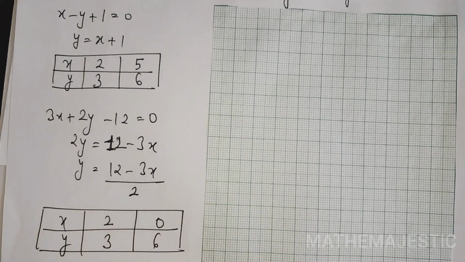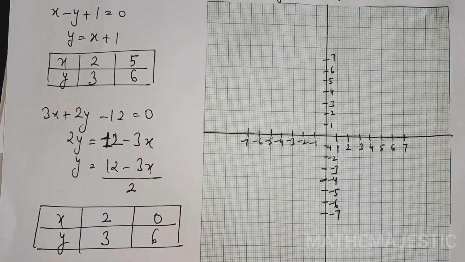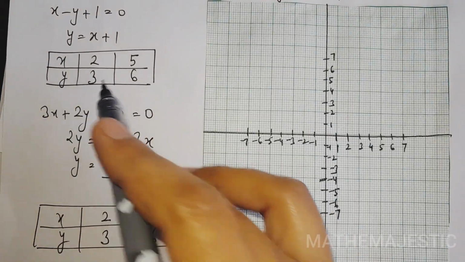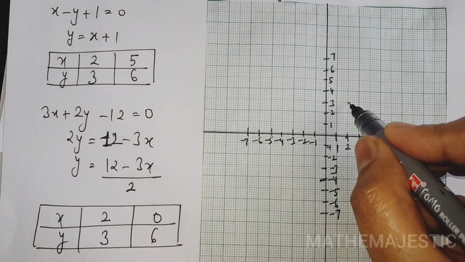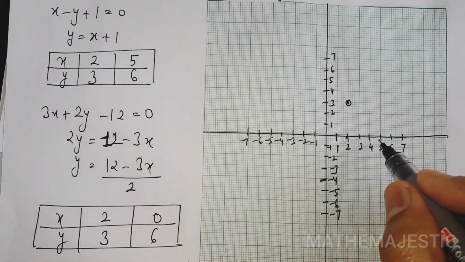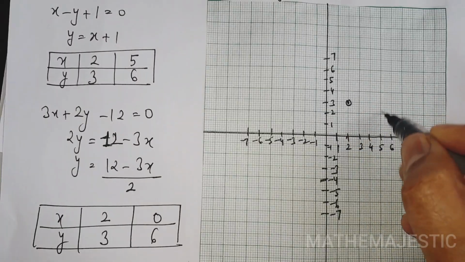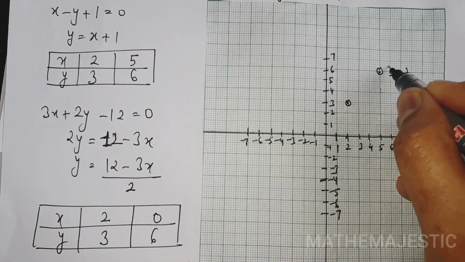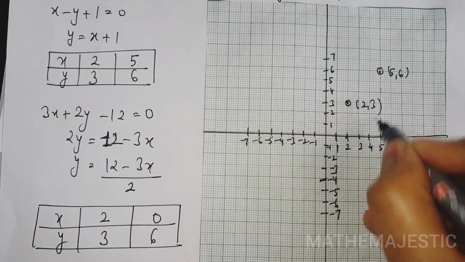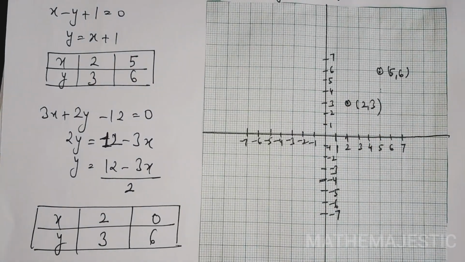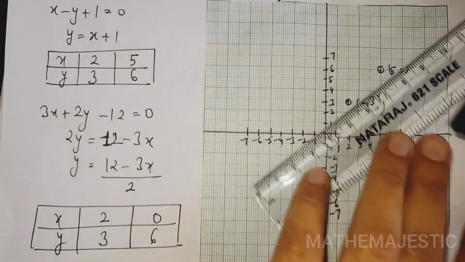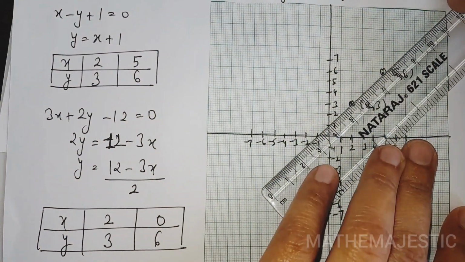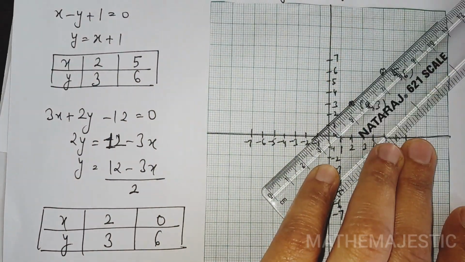Now we will plot them on the graph paper. If x is 2 then y is 3, if x is 5 then y is 6, so we will get this point 5, 6, and this is 2, 3. We will join them by a straight line with a scale, like this.